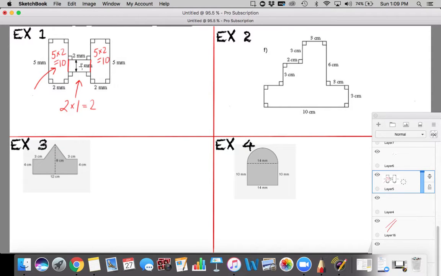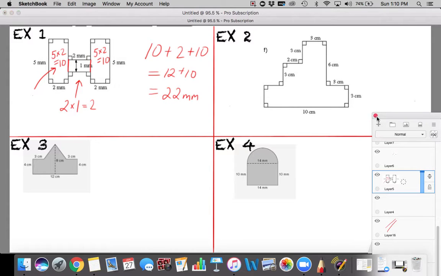Okay, so I have 3 rectangles. The first one has the area of 10. The middle one has the area of 2. And the one on the right side has an area of 10. So in order to find the area of this entire shape, I'm going to take 10 plus 2 plus 10. 10 plus 2 is 12, and 12 plus 10 equals 22 millimeters.